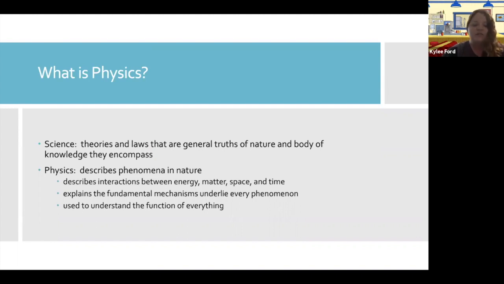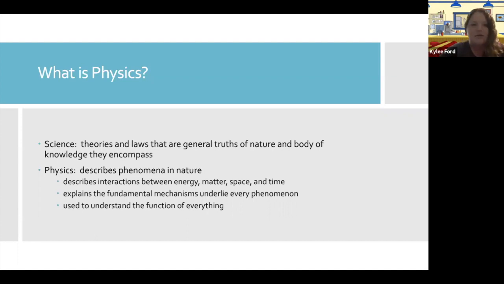So we have some different ones, including physics, of course, that's what we're studying, biology, geology, chemistry, astronomy, and then we have deeper fields in between all of them, okay? And what we are looking at in particular is physics, okay?